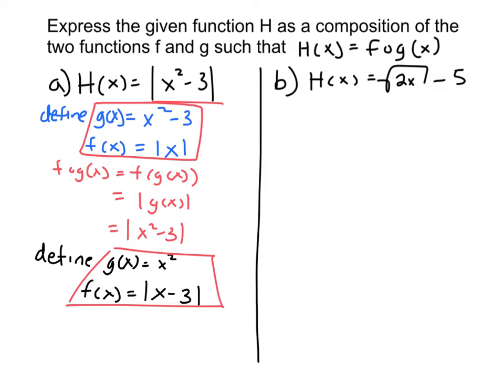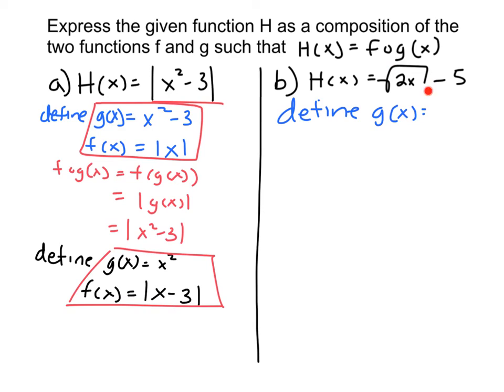Okay, so let's do another example over here. In this one, say we were to define g of x equal to something that just needs to be some part of h, the part that includes x, of course. I could define it to be 2x.